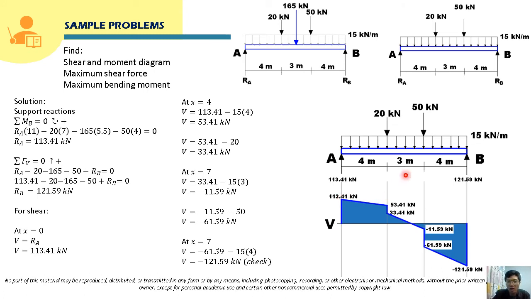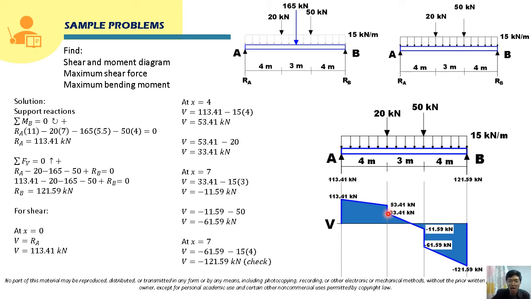And then for the shear at x equal to 4, at this point, the shear is 53.41. So 53.41 is somewhere here. At this same point, since there is a concentrated load here, this will be subtracted by 20. So this will go down to 33.41. This will be the shear here also.